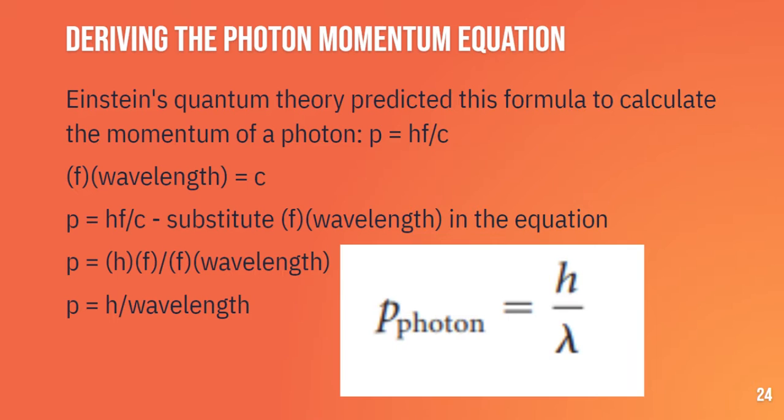Then you substitute f times wavelength for c in the photon momentum equation, which gives you hf over f times wavelength. You cancel out the two frequencies, and you get p equals h over wavelength. And that's your momentum equation.